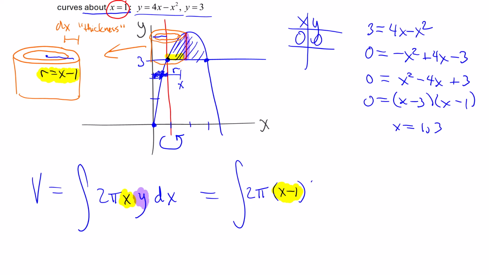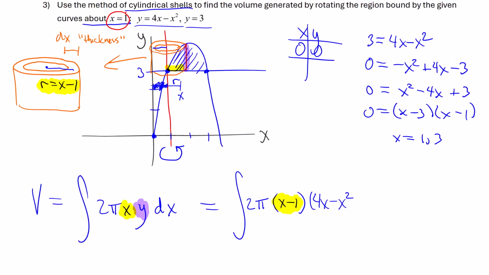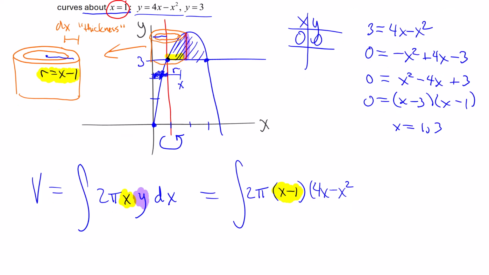So we want to match this as 4x minus x squared. That was just provided for us as the function definition, y equals 4x minus x squared. But then we're going to take away 3 because again, we're elevated everything above 3.